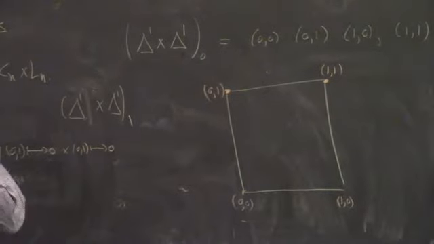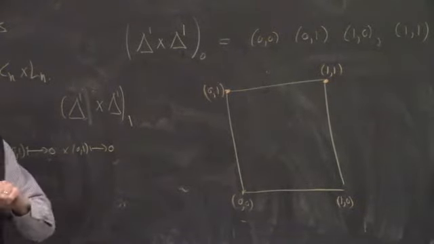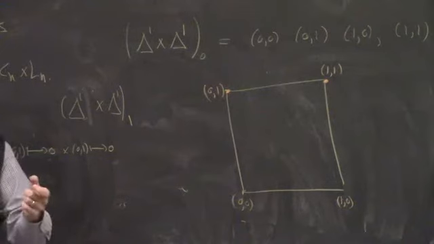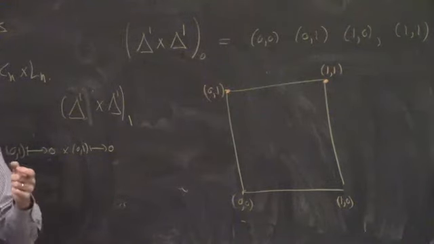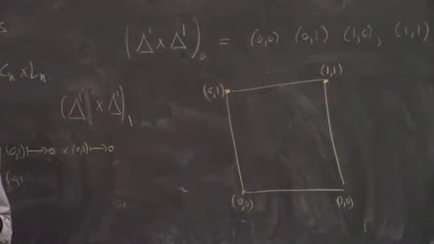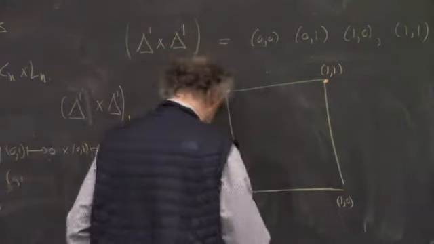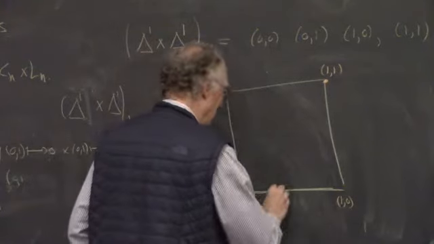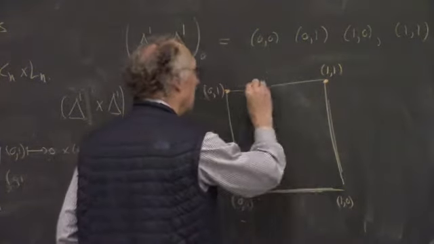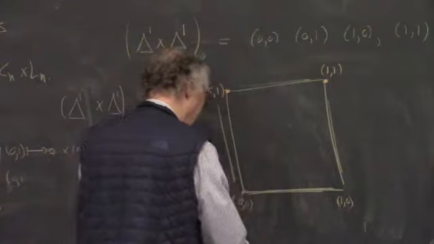Okay. Now we have things that are degenerate in one factor, but not in the other. How many of those do we have? 4. And they are 1, 2, 3, 4.